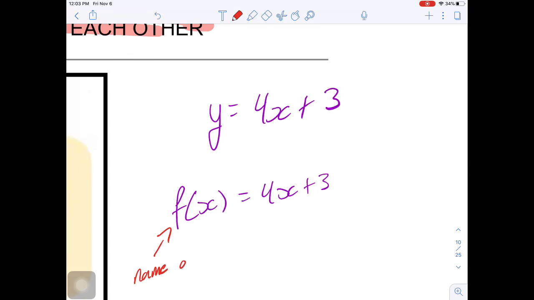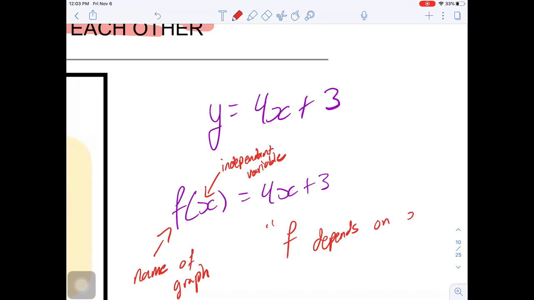So that's the name of the graph, and again, x is my independent variable. Here, understand, f depends on x. Like before, y depends on x, but now we've changed it to be called f, and f depends on x.